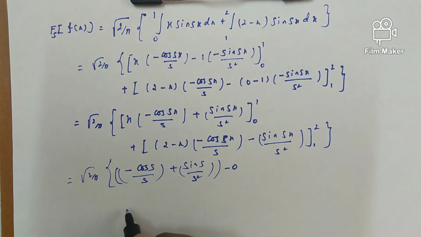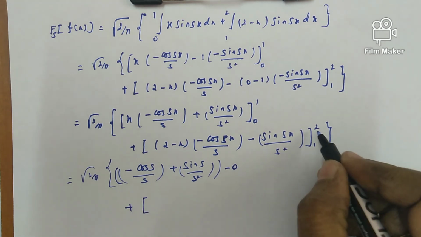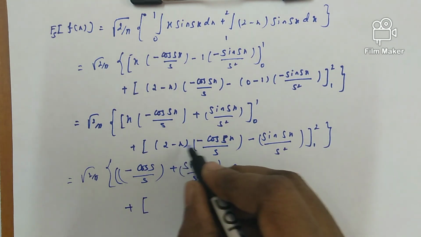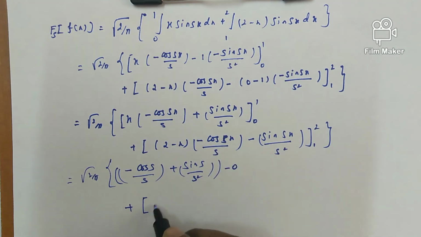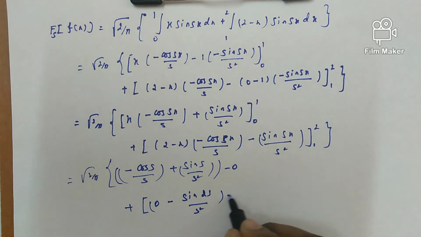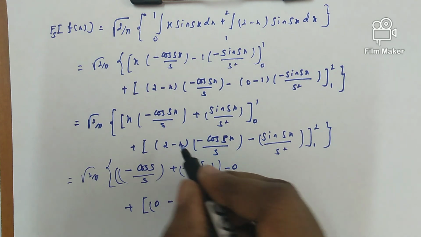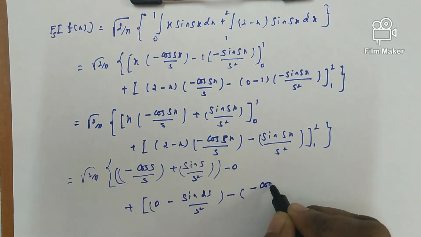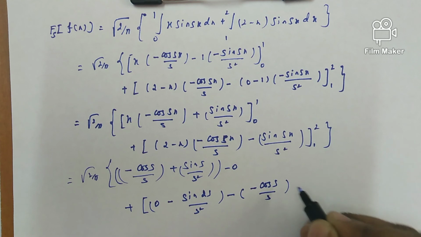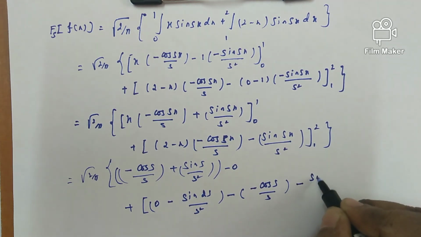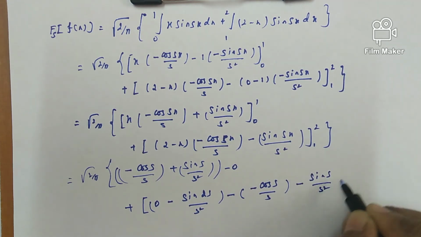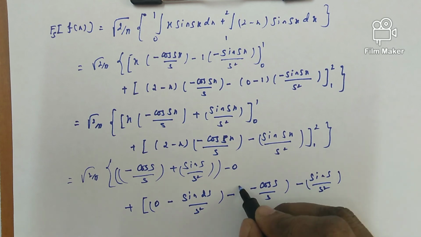Now for the second term, upper limit is 2. 2 minus 2 is 0, 0 into anything is 0. So the first term is 0 minus sin 2s by s square. The upper limit minus lower limit, where the lower limit is 1: so 2 minus 1, so 1 minus cos s by s minus sin s by s square. This is the lower limit.